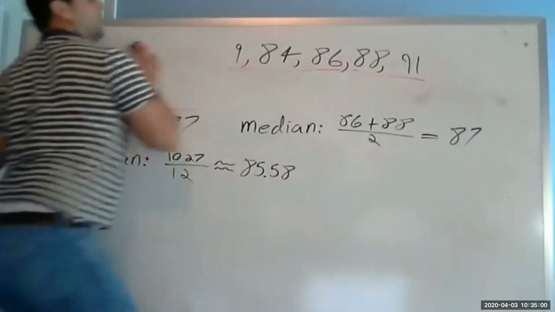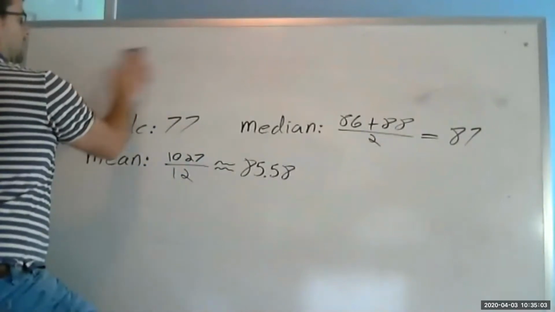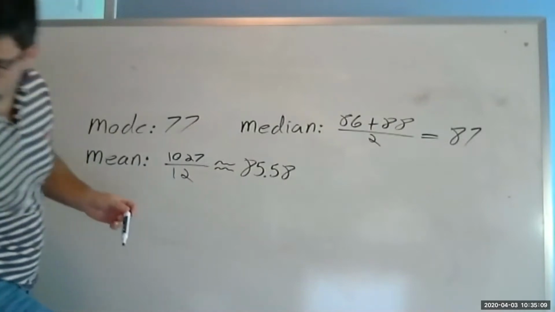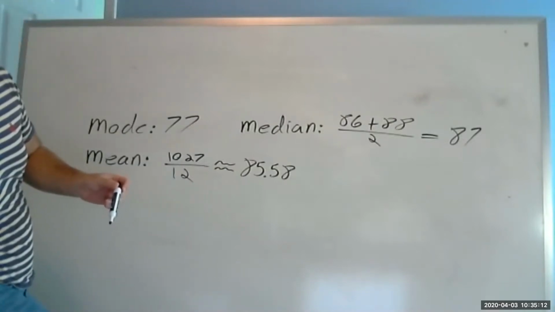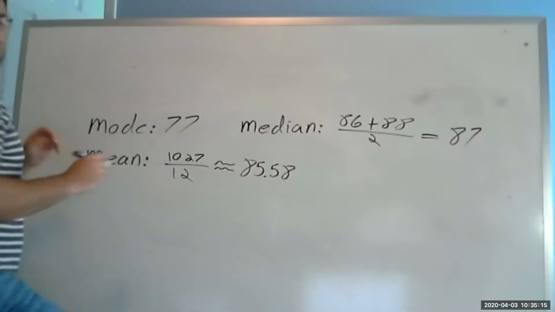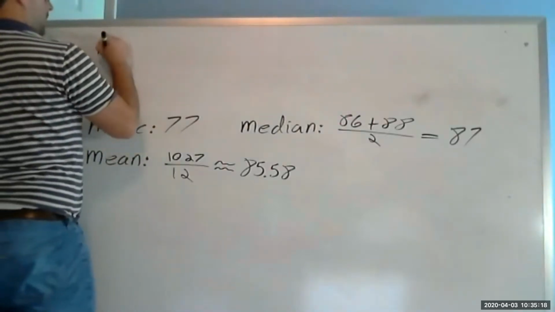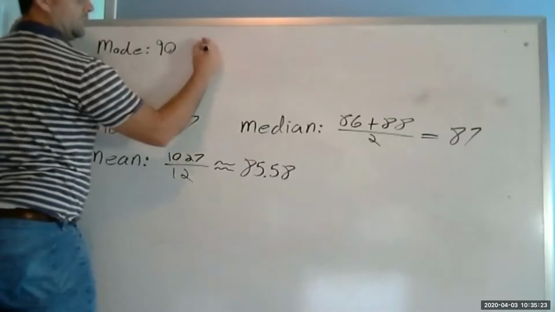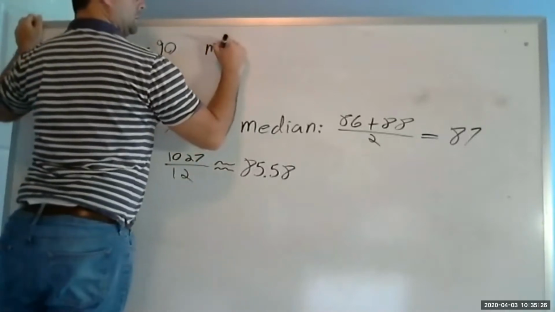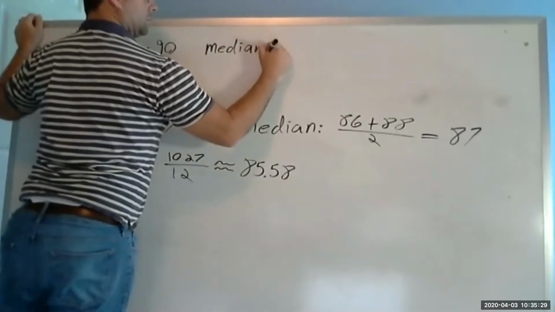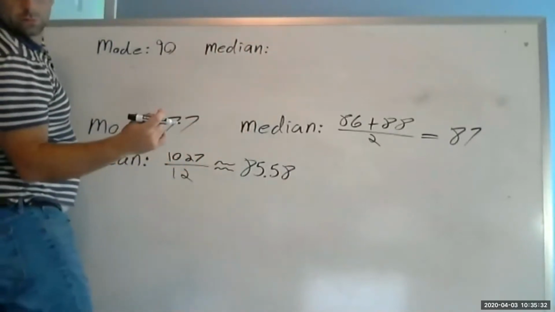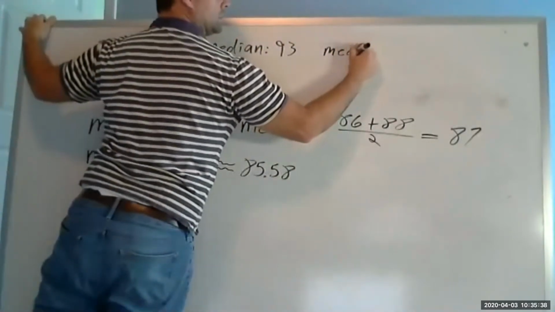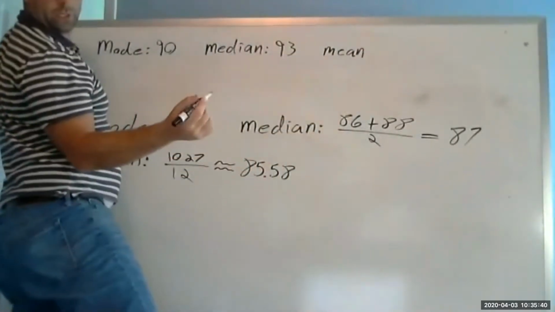I'll compare it to the ones we had for the first set: the mode was 90, the median was 93, and the mean was 102.